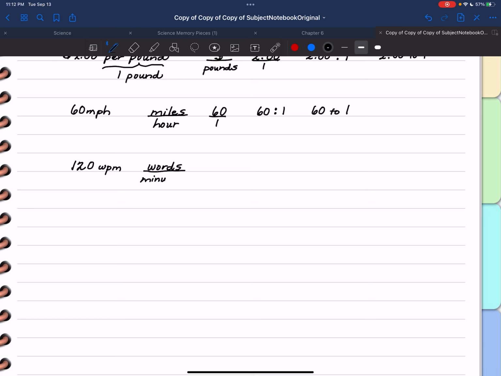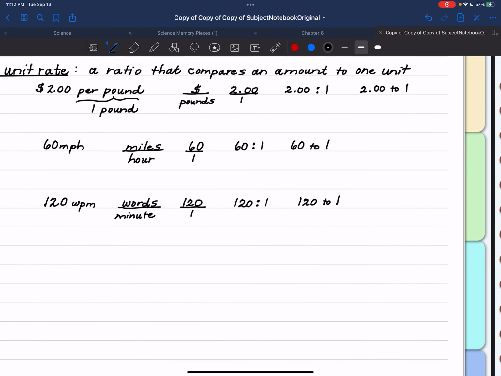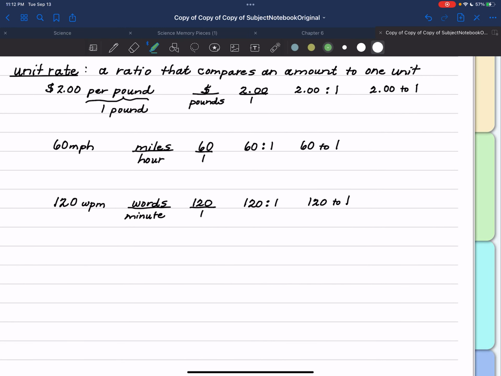So your comparison is between words and minutes. 120 words in 1 minute, or 120 to 1. These are unit rates because there is a 1 involved. That's what makes a unit rate.